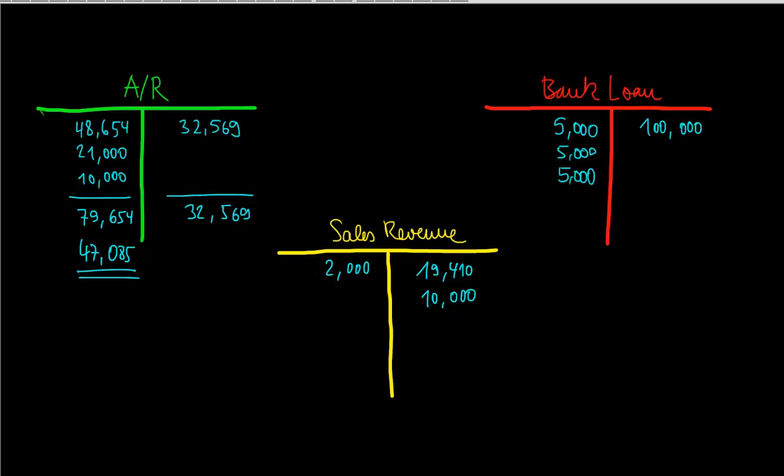Now let's do the same with the bank loan account. The technique is always the same. Draw the lines, compute the column total. Here it is 15,000. And then subtract the small number from the big number. So 100,000 minus 15,000 is 85,000.